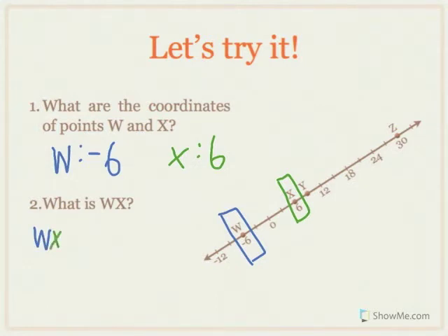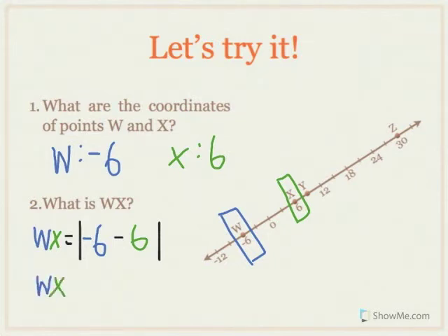Now keep in mind, since there is no segment or line or ray symbol above the letters W and X, they are talking about the distance between them. So the distance between W and X is going to be the absolute value of the difference of their coordinates. So that would be the absolute value of -6 minus 6.